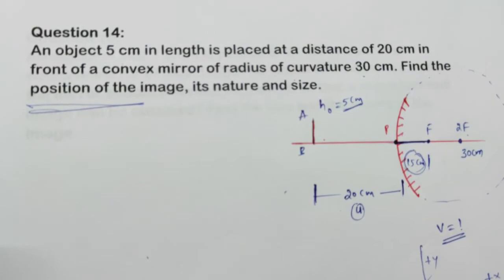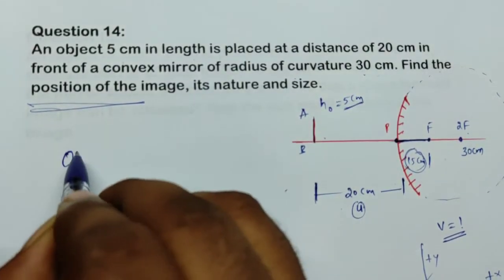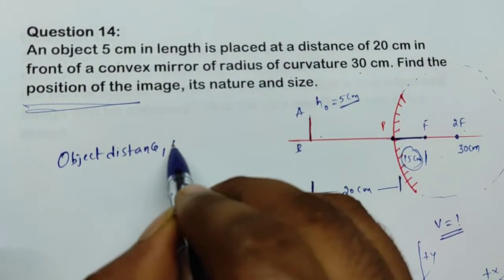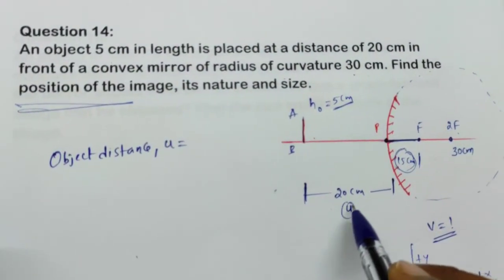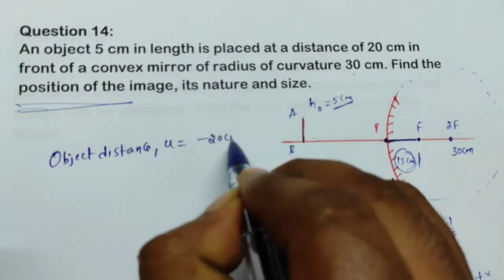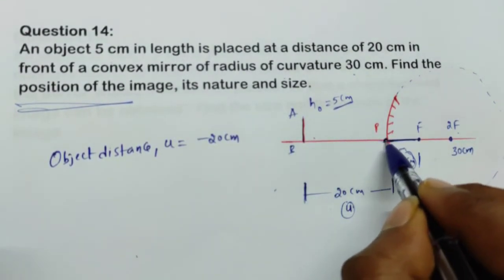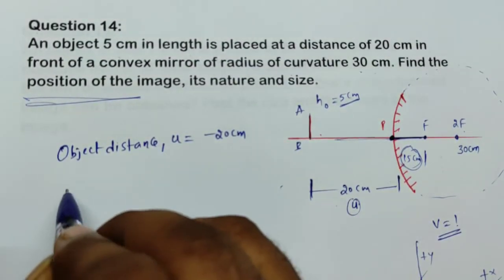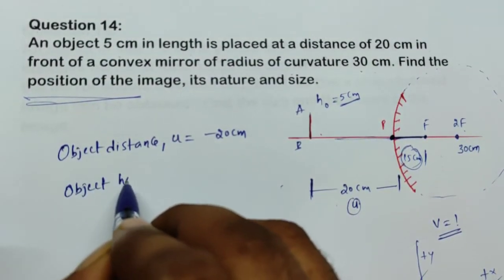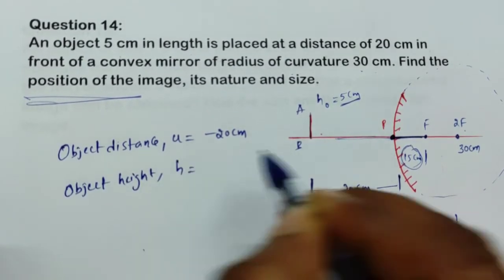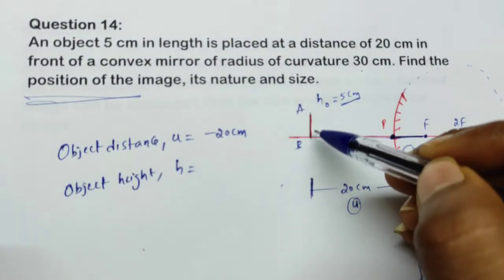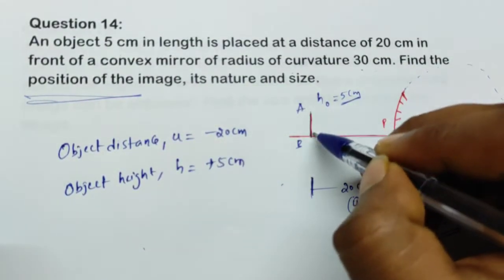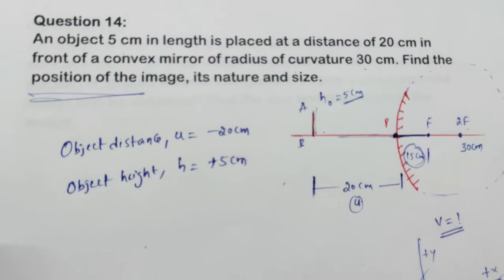So the object distance U is minus 20 centimeters, because it is along the negative x-axis from the pole. In the same way, the object height H is plus 5 centimeters, because it is measured in the positive y-axis.